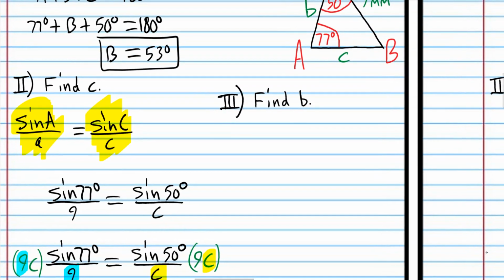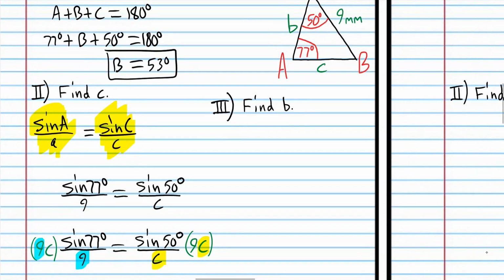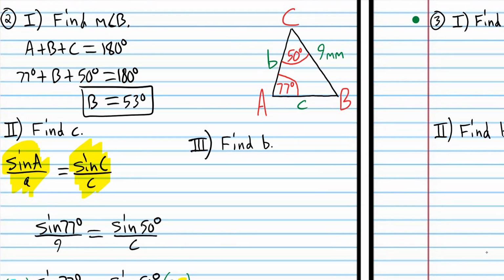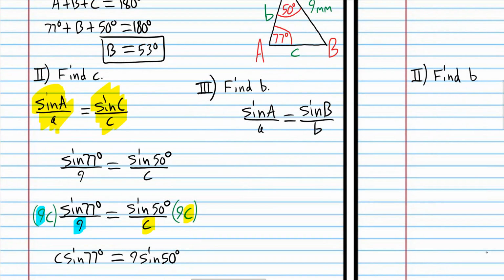So now we're going to use the fourth method that we're going to learn, but first let's set up our ratio. So again, we have sine A over A, so we're going to use that. And we're looking for b, so obviously we're going to use sine b over b.